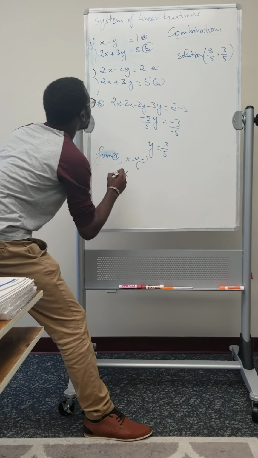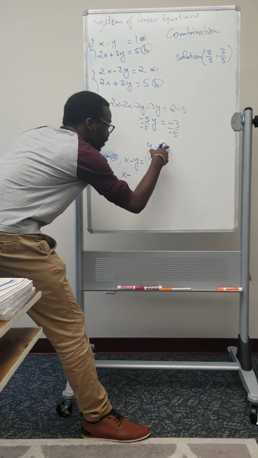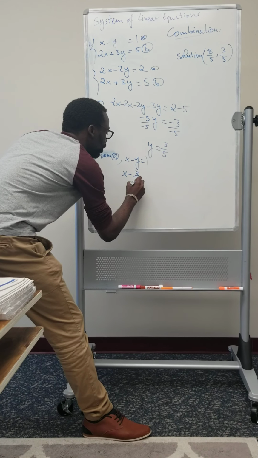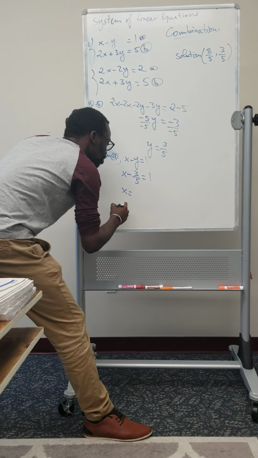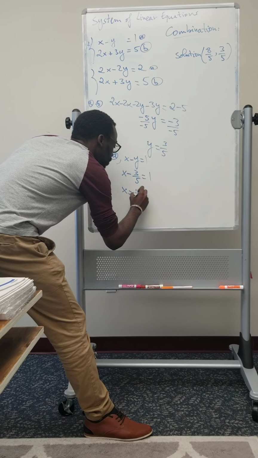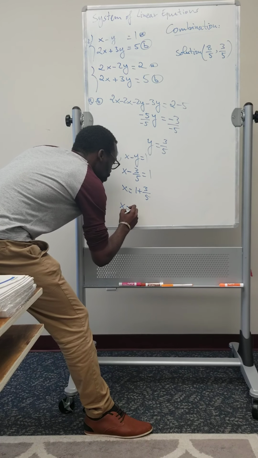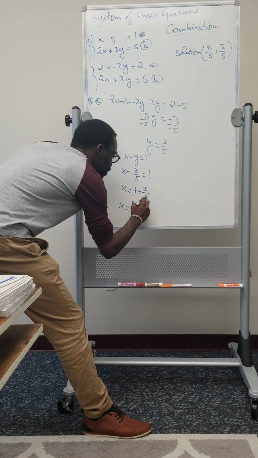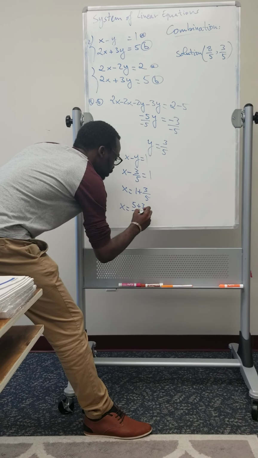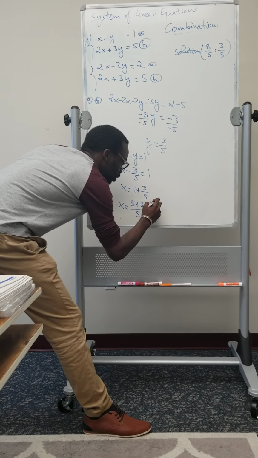So x minus, I replace y by its value, which is 3 over 5, equal 1. Therefore, x is equal to 1 plus 3 over 5. And x is equal to what? 5 plus 3 over 5, which is equal to 8 over 5.